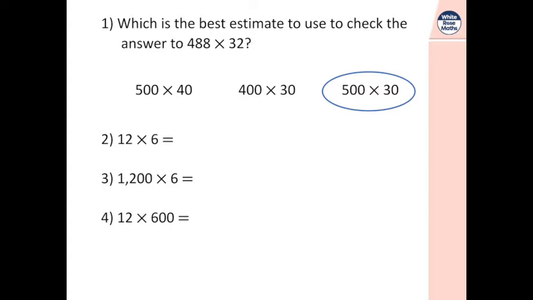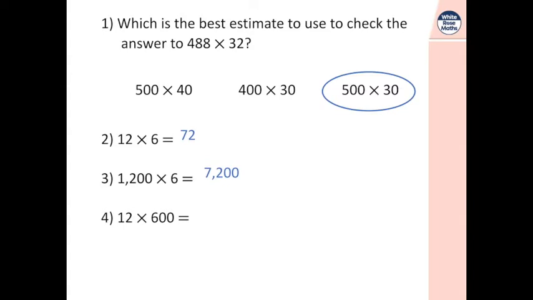500 times 30, because we've rounded 488 to 500, and then 32 to 30. 12 times 6 is 72. So 1,200 times 6 is 7,200.